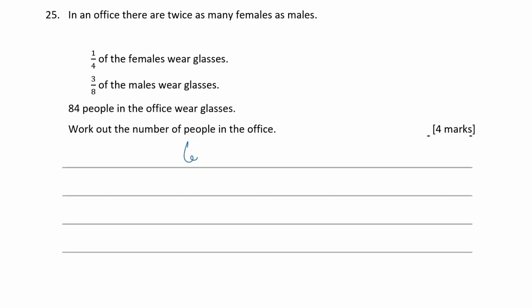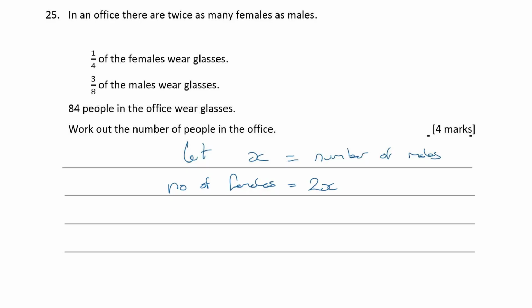So let's say that X is the number of males. Then the number of females is going to be twice as many as that, so that's going to be 2x. Okay, now we know that a quarter of the females wear glasses, so females with glasses is going to be my 2x, number of females, divided by 4, which is the same thing as x over 2.